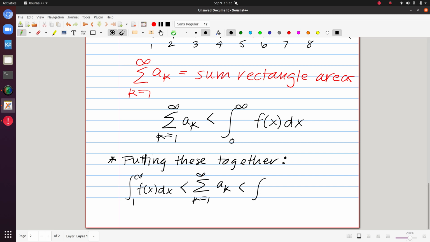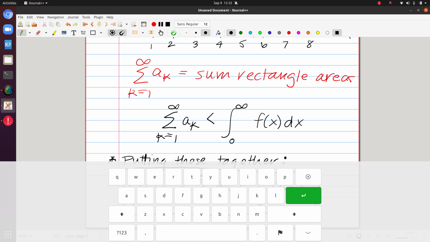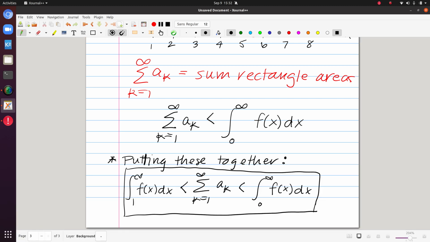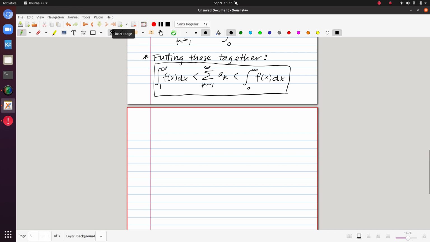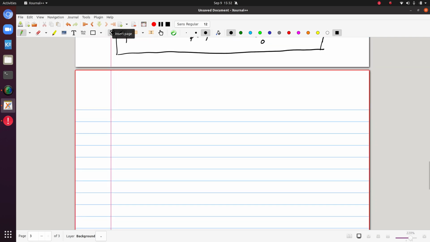In the second picture, we found that an upper bound was the same integral, but over the interval from 0 to infinity. So this is going to be for, specifically I will say the assumptions here, where we had a sub k positive and decreasing, and we were assuming that the corresponding f of x that we construct is continuous. So as we go along, we'll see situations where we don't have these hypotheses satisfied. But given that we do, this is what we can use for what's called the integral test.